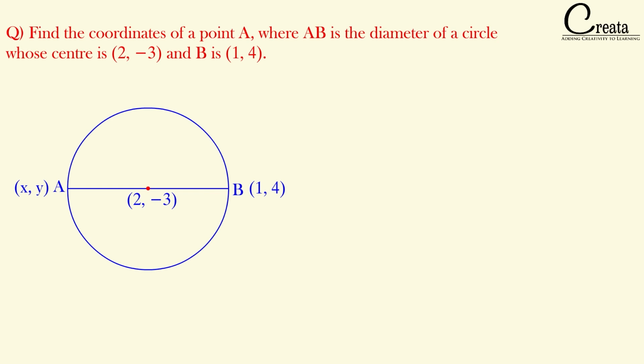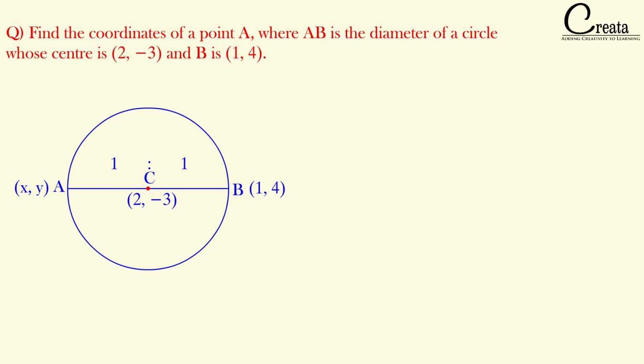Let's assume the center point as C. Here AB is the diameter and C is the center, meaning C is dividing the diameter AB into 2 equal parts, that is, into the equal ratio. So we got AC is to CB equal to 1:1.